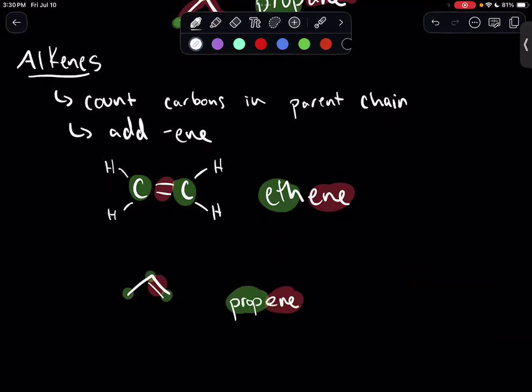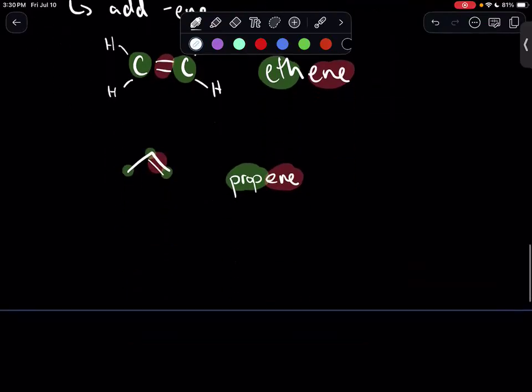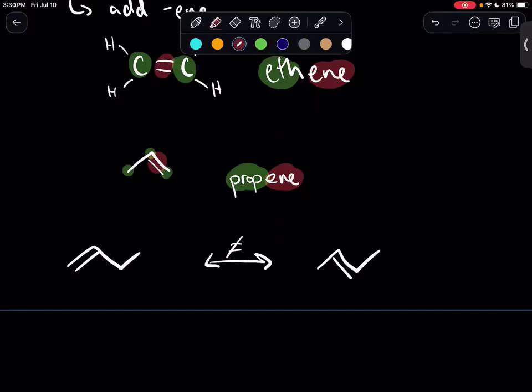So alkenes are also not too bad, but it gets a little confusing sometimes because I'm going to draw some skeletal structures. This is but, and in this case, these two molecules are not equal. They're different. You'll notice this has a double bond between the first and second carbon. This has a double bond between the second and third carbon.